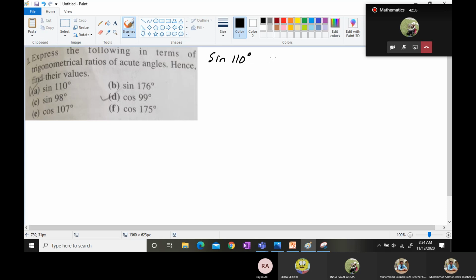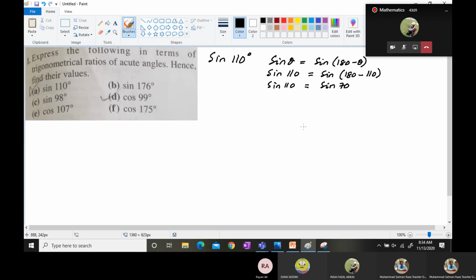I already mentioned the formula, which is sine theta is always equal to sine of 180 minus theta. And over here, we are going to put the value of sine 110. So we are going to find it like sine of 180 minus 110. And sine 110 is equal to sine 70.